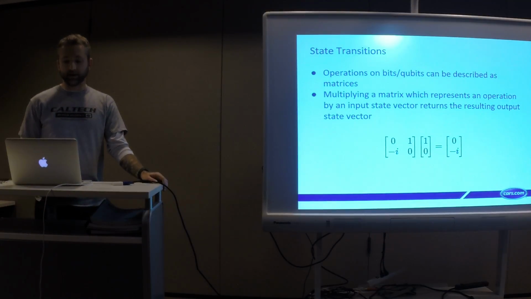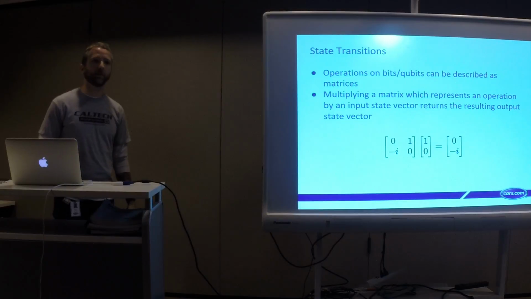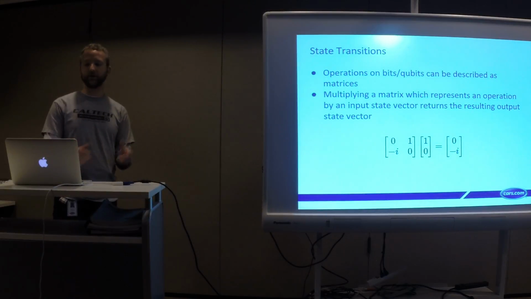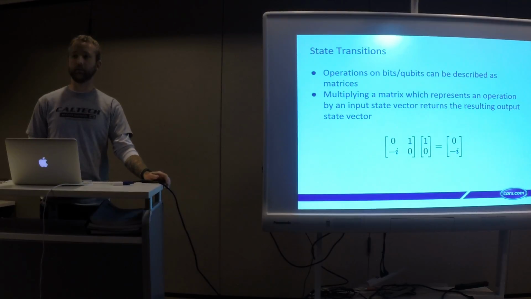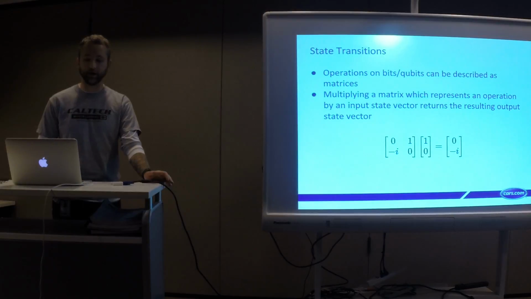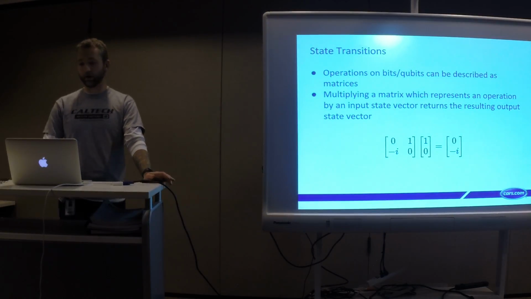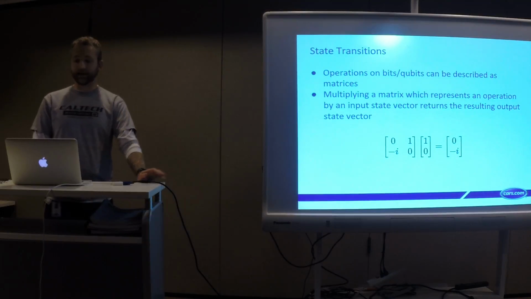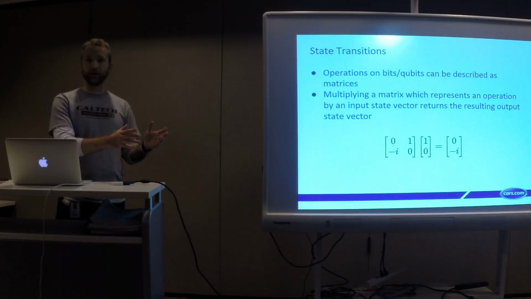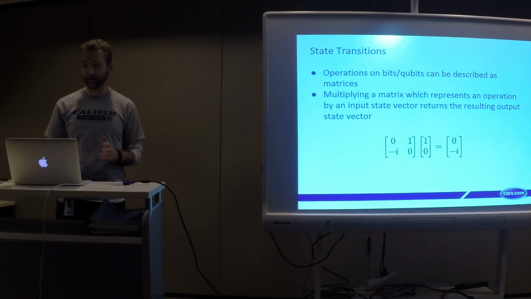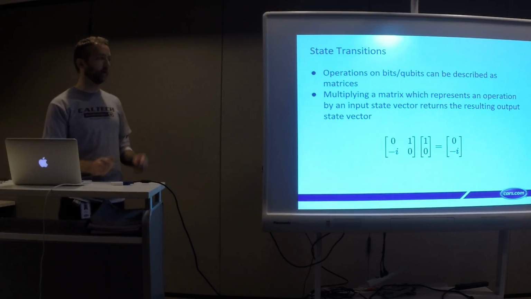We also want to talk about state transitions. Every operation that we do on a qubit can be represented by a matrix. It has a few restrictions. The term to remember here is the matrix must be unitary. We'll talk a little bit about that more later. But essentially, an operation on a qubit is simply equivalent to multiplying that state by a transformation matrix and getting a new state.